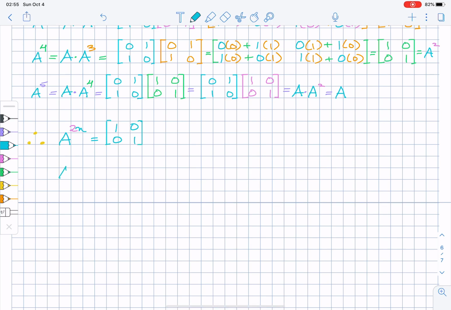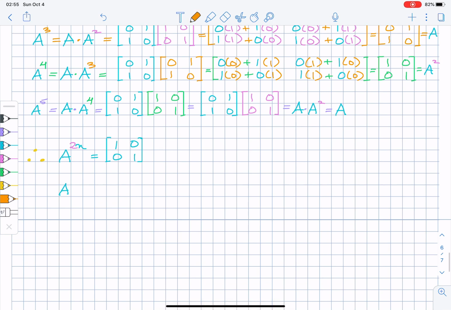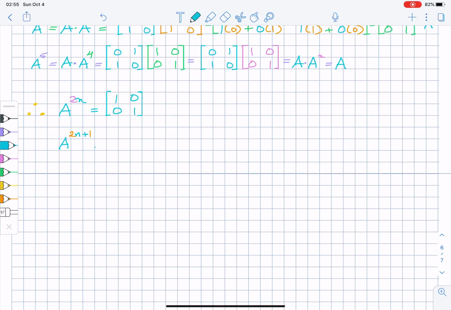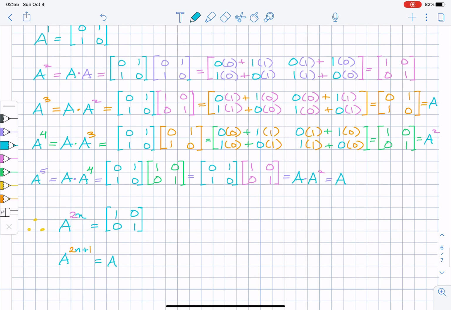And A to the, whenever it's odd, so 2n plus 1, we have that it's just A. And that's for all positive integers n.